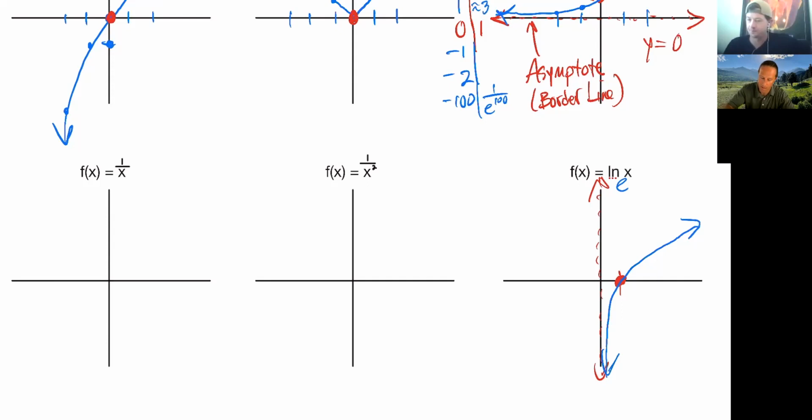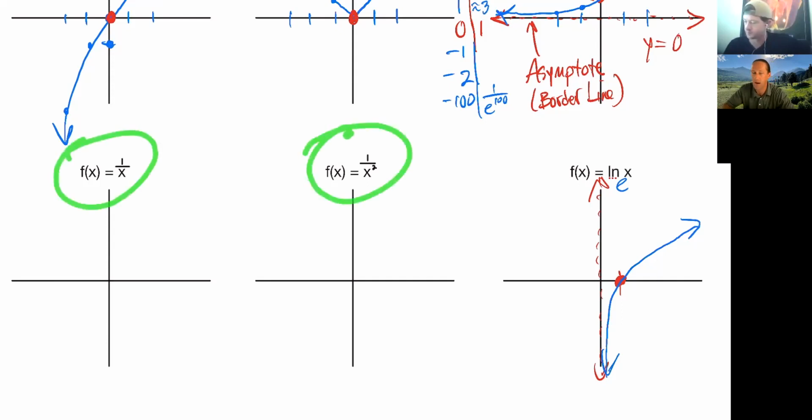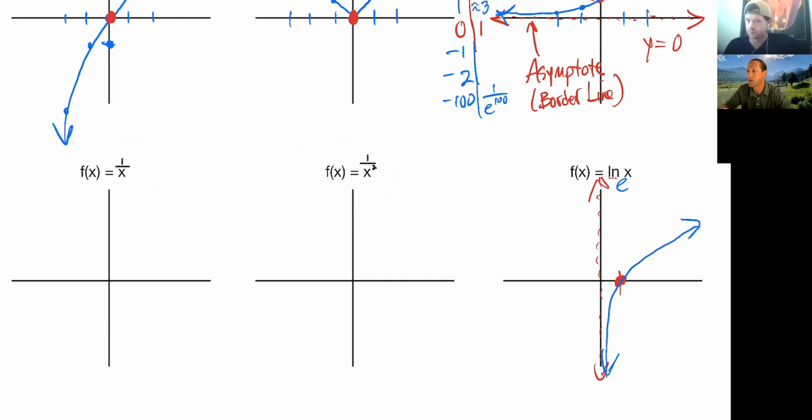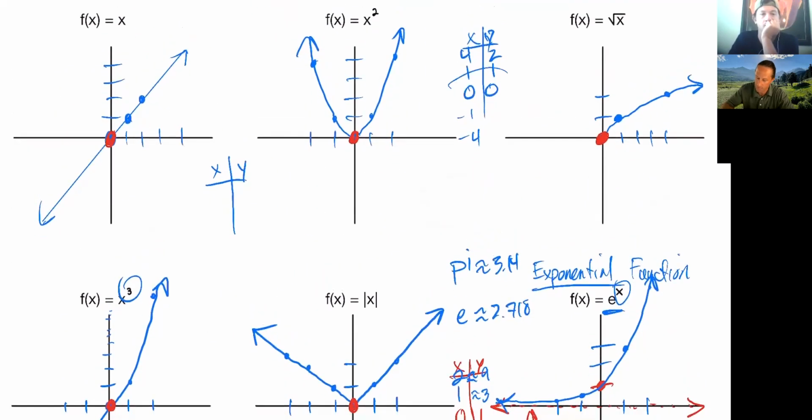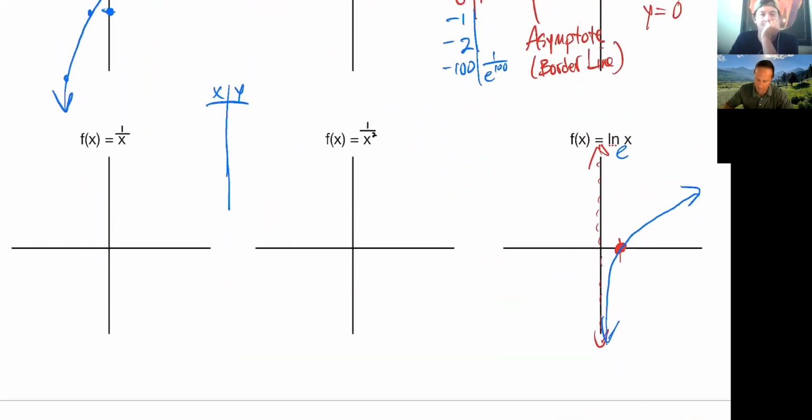These are two that I don't really think that you may have ever seen, some of you. Depends on your schooling, your background. All right, but 1 over x and 1 over x squared. If we don't know what they look like, let's do a little t-chart. Give me some good x values to plug in. And which one have we been plugging in a lot for like all of these so far? 0. Plug in 0.